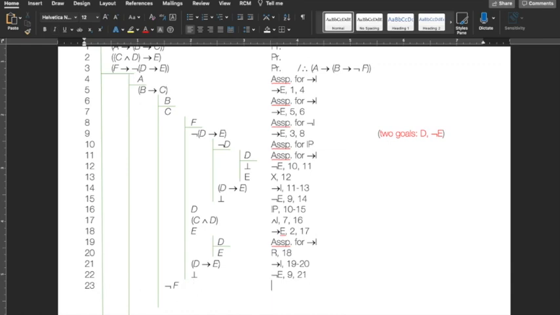So that was by negation introduction, and that was lines 8 to 22. Well, not F was the consequent of this conditional I wanted. So I can close off this. That was the conditional I was looking for.